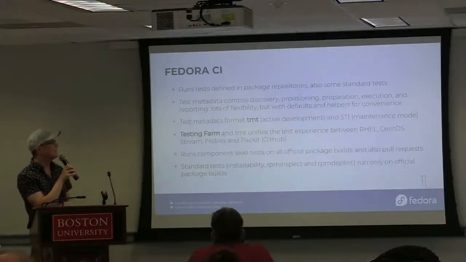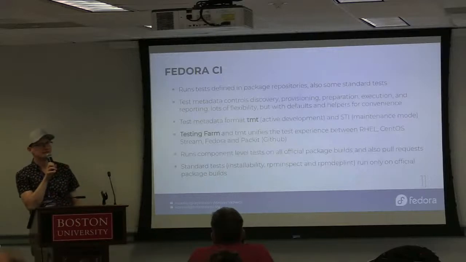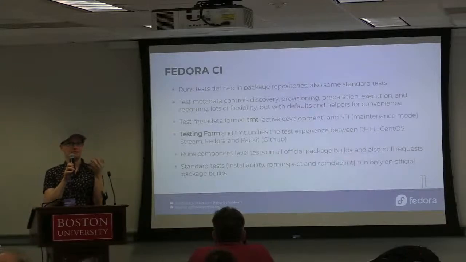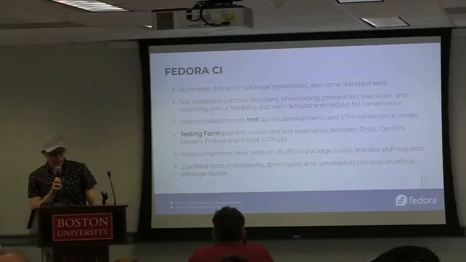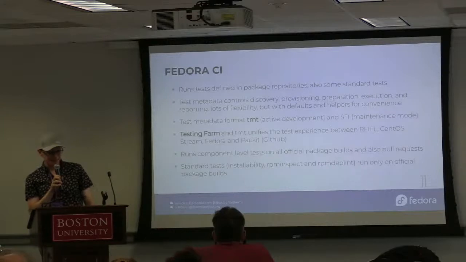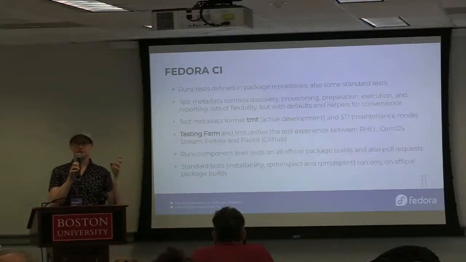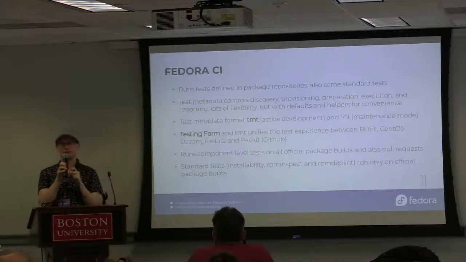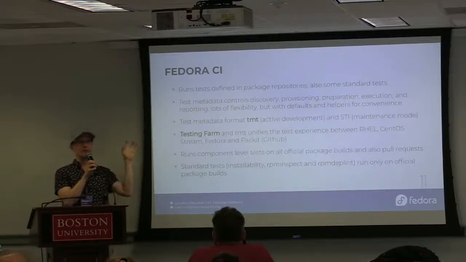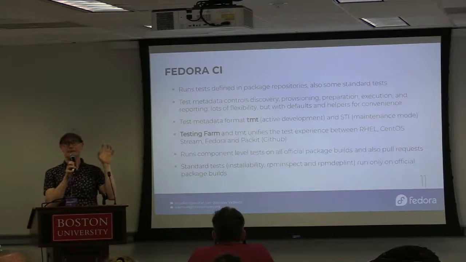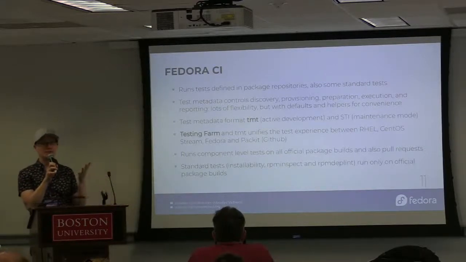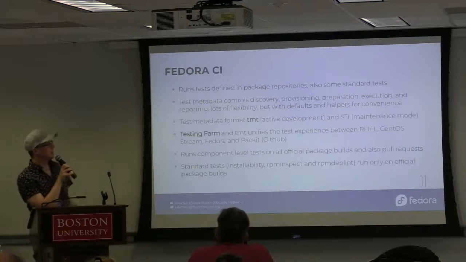I'll explain it in a minute. The idea of Fedora CI is that you can write your own tests as a packager. So as a packager, if you want to contribute tests, this is where you do it. If there's something that would be useful to you as a packager, where when your package build is done or there's a pull request for your package, a build gets done and then it gets tested somehow in an environment where other packages are available and so on, and a network is available, Fedora CI is kind of the place to do it.